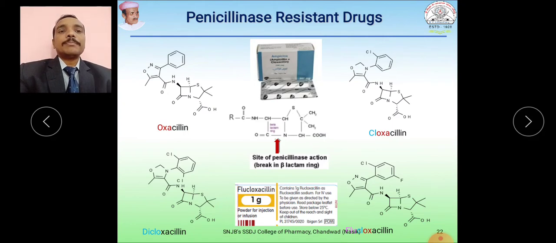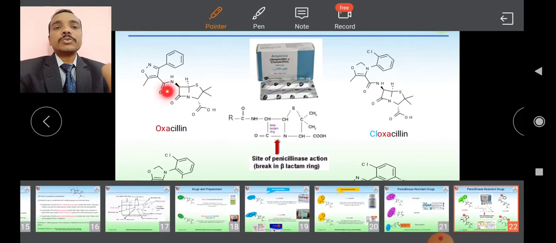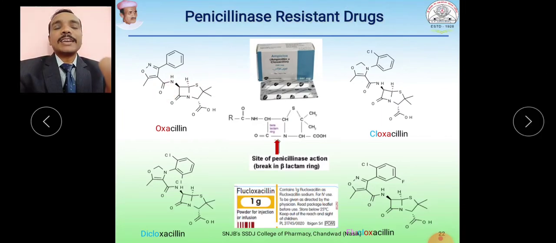Now coming again to the penicillinase resistant drug, oxacillin. Again similar to natural penicillin, here the common structure of the side chain is NHCO. Now NHCO has here R. So R we have to replace, as the name Oxa indicates, with oxazole. So we have to directly attach here NHCOR.